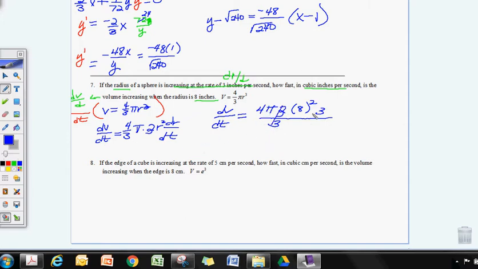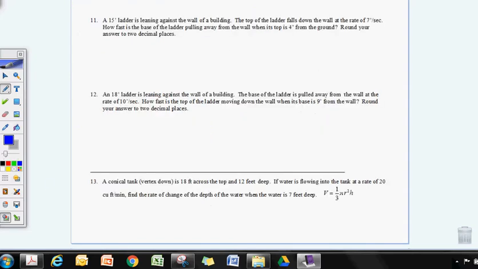I'm left with 4 times 12 times 64, which is 768 pi, and that would be in inches cubed per second because it's a rate. Sorry about the math there. This is a cubed, this is a 3, that's squared. Okie dokie, second page, part of the first page.